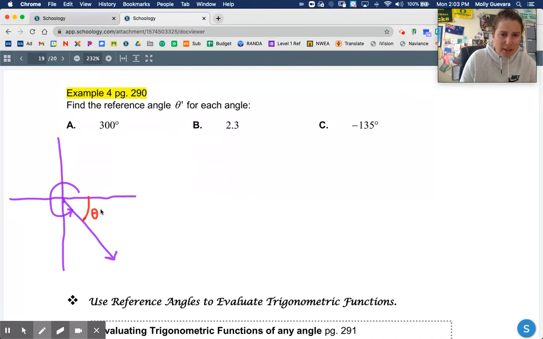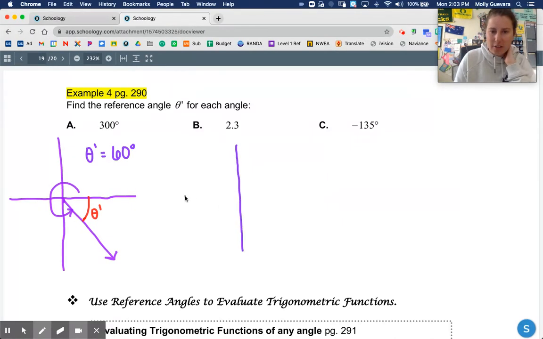So this is theta prime. In this case, theta prime is 60 degrees. If I'm at 300, I need to go another 60 to get to 360. So we're either using 360, 180, or even 0.